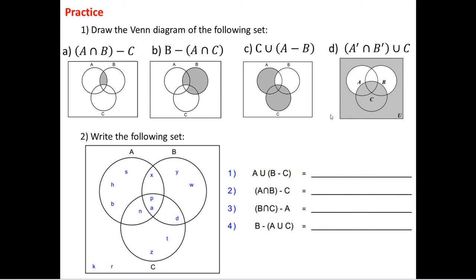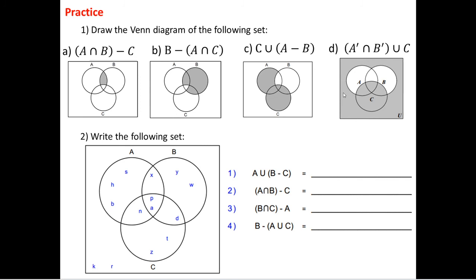A complement is everything outside A. B complement is everything outside B. And their intersection is everything outside these three sets, or everything outside A and B, which is the intersection of A complement and B complement.